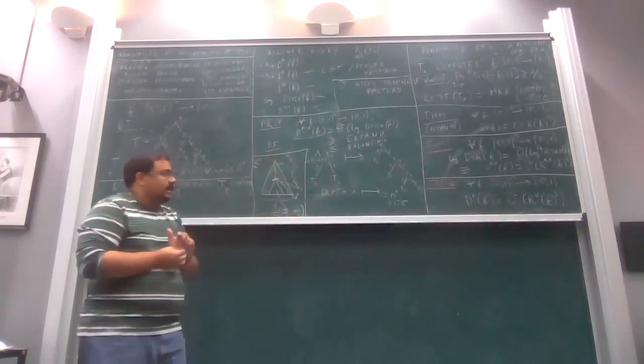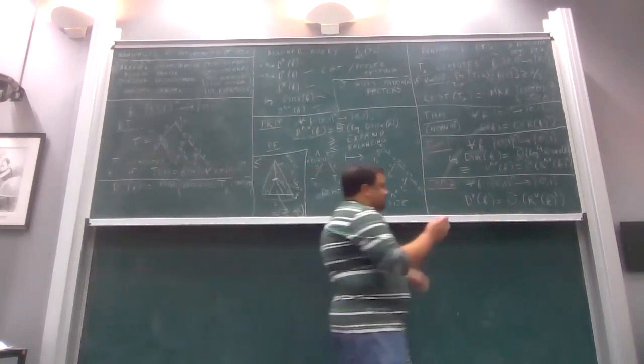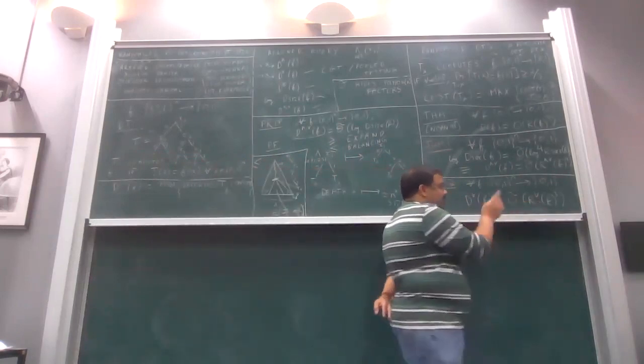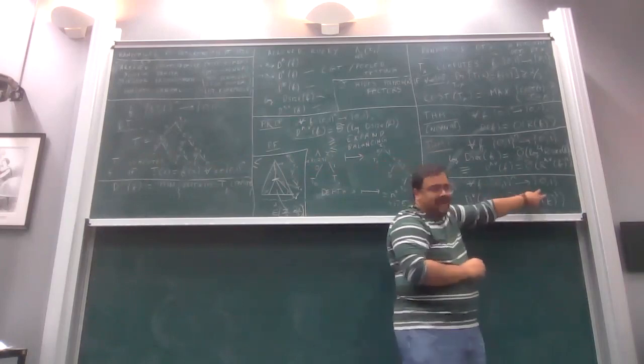Again, I'll address the log factors later. And as you can imagine, the same proof technique that we use for this also shows the same result if you replace ORs by ANDs over here.